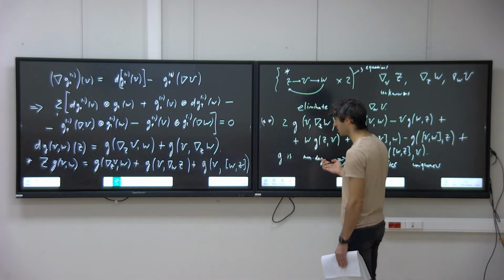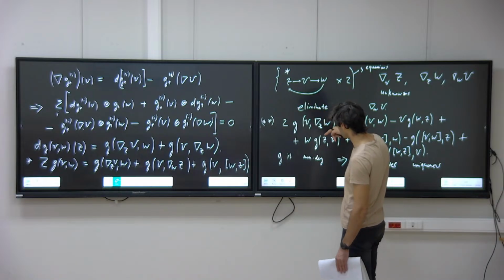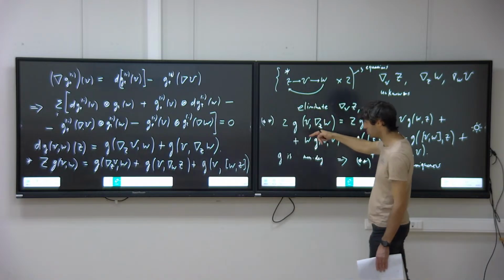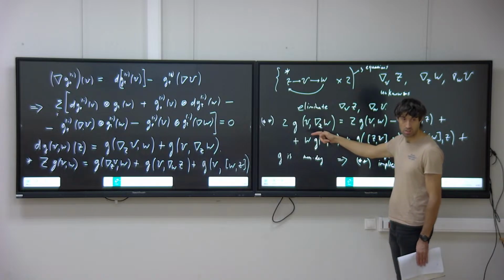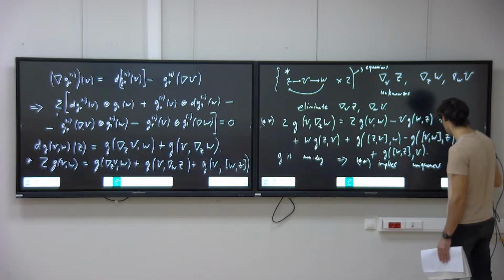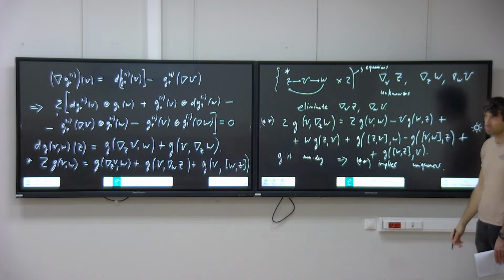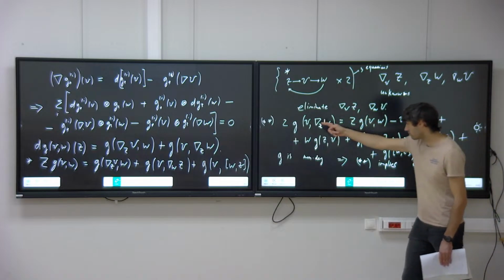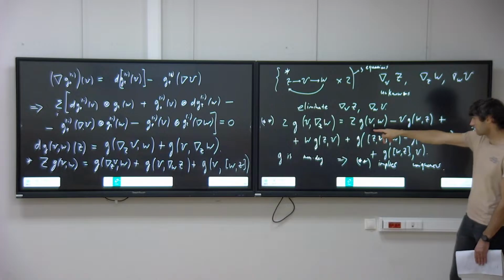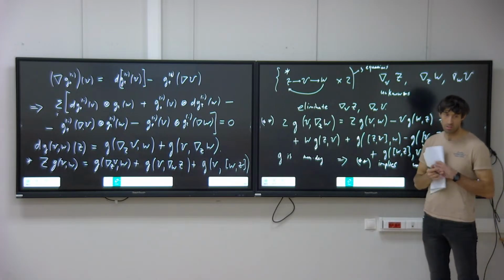Going back through all these computations, they're all reversible. You can prove that it's invariant. So this is some explicit computations, but the main idea is that you have such a relation which defines it uniquely.